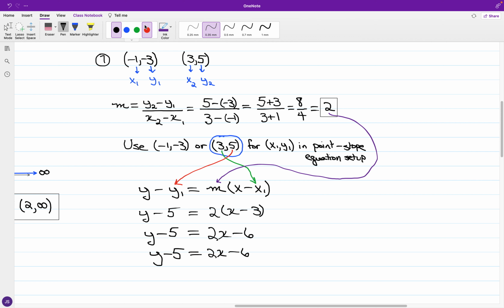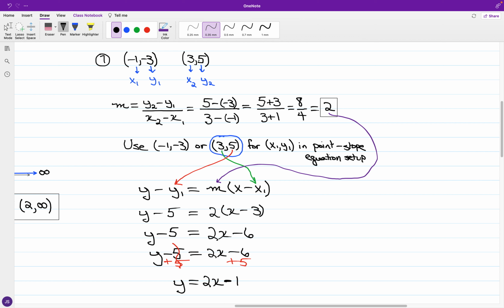And we have getting y by itself. Okay, so adding 5 to both ends. So you have that y is equal to 2x minus 1. Okay. And you can go back and check.